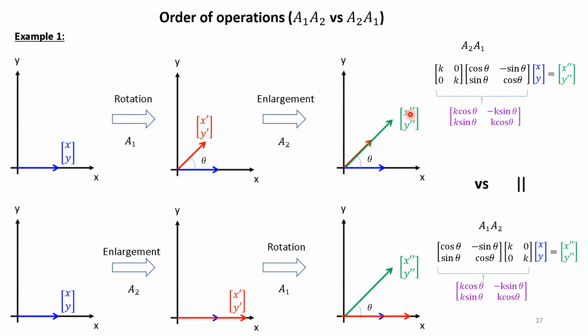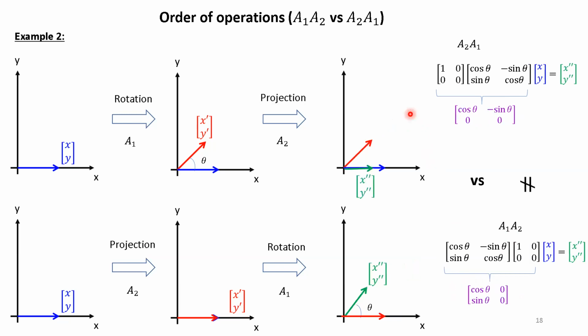However, the order of operations in other cases will affect the result. In this example, I do rotation first and then a projection, from blue to red, and then from red to green. In this case, from blue all the way to green is represented by this matrix here.